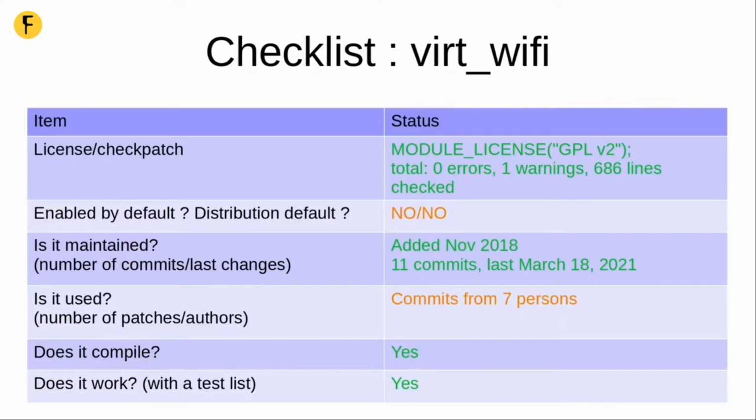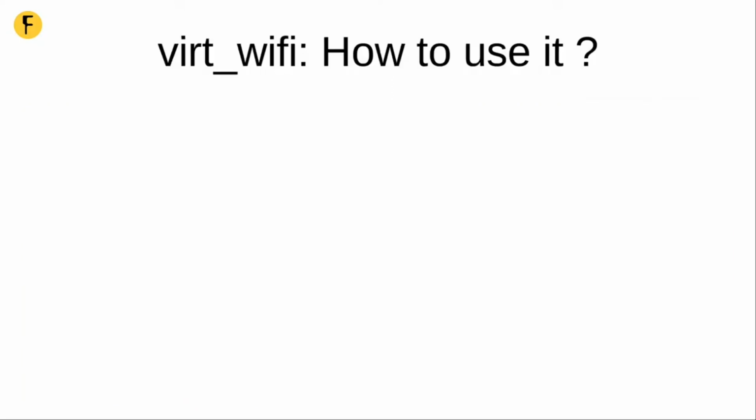This time, I'm not going to cover all of the commands used to make the driver work. I'm just going to cover one thing. This driver is wrapping an Ethernet device, so there should be a way to tell this driver about the other interface it should be using. The thing is, I started looking into the source code and I couldn't find a command explaining how to use it.